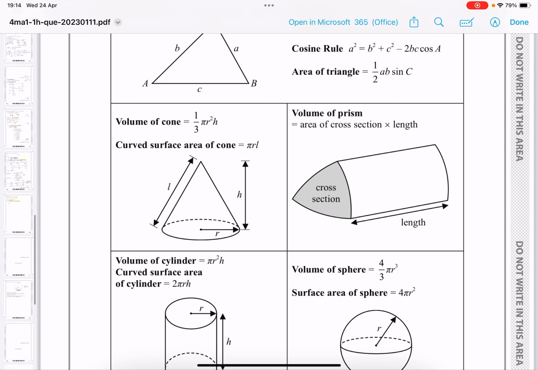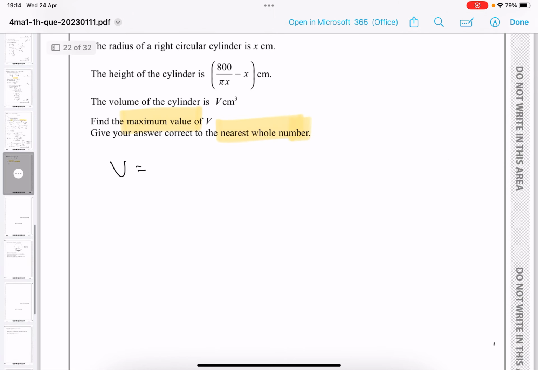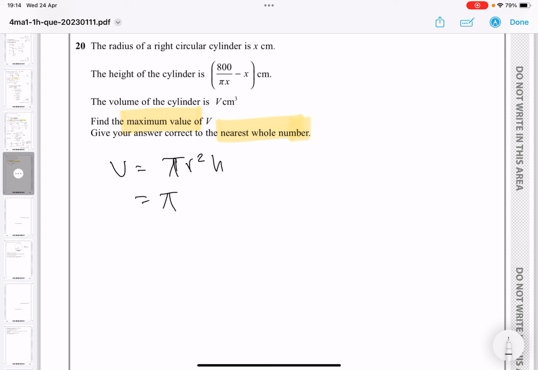They're giving it to you. So the volume of a cylinder is pi r squared h. Now, they've told us the radius is x, so let's substitute r for x. Pi x squared, and the height is 800 over pi x minus x centimeters. So let's expand the brackets.